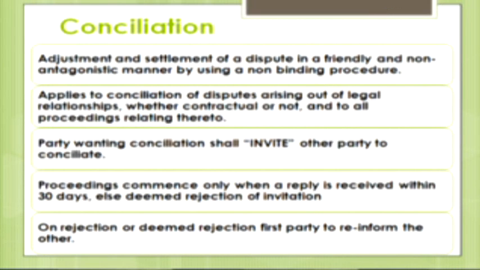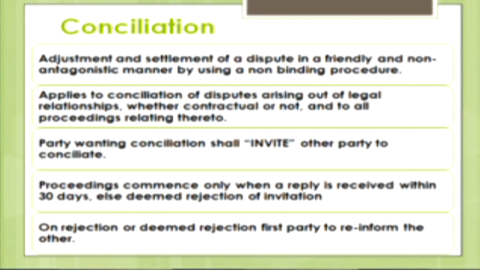Now, conciliation. Again, conciliation is the adjustment and settlement of that particular dispute between the two parties. Now, if a party wants to apply for conciliation, they invite the third party to enter into the dispute and try to resolve that dispute.